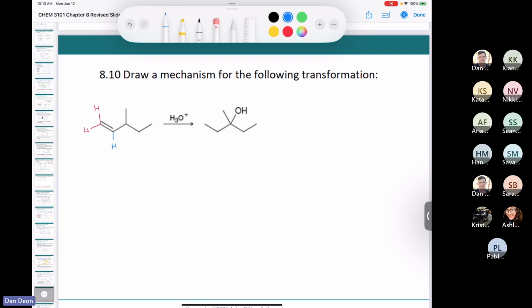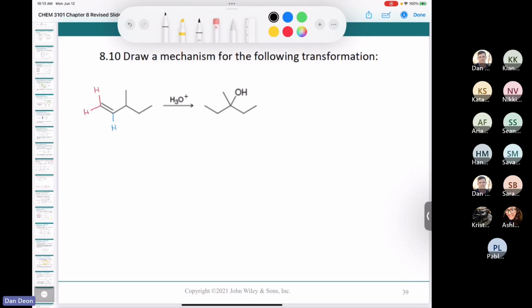So let me just draw a hydronium ion here. Just bear with me. So we'll draw an H3O plus ion, and we'll put our arrows here. And we're going to get a proton transfer. So we're going to grab a proton. I didn't put the positive charge on my oxygen.